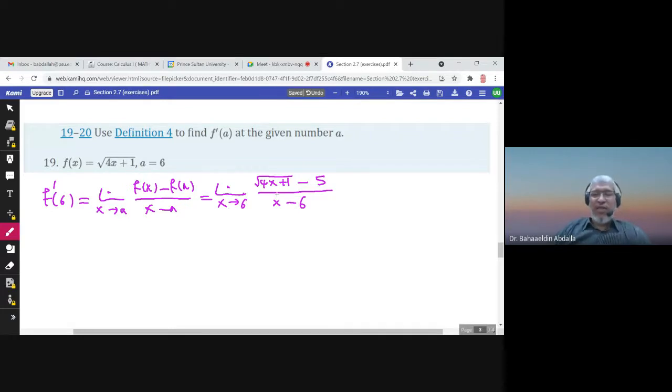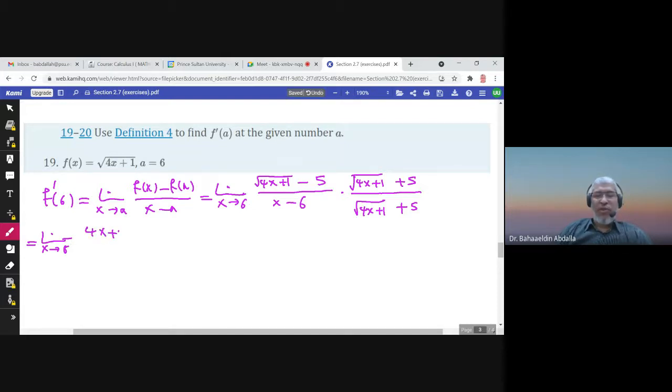Now, if I replace x by 6, I'll have 0 over 0. So I will multiply by the conjugate, which is square root of 4x plus 1 plus 5 over square root of 4x plus 1 plus 5. So I'll have the limit as x approaches 6, multiplying u minus v times u plus v.